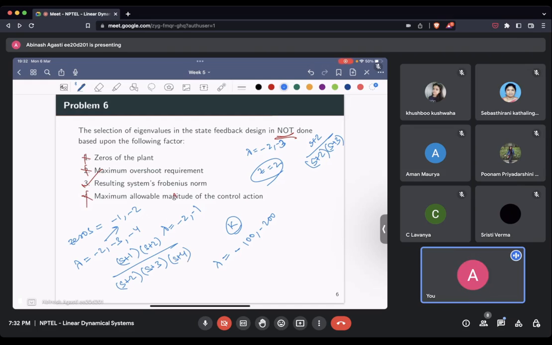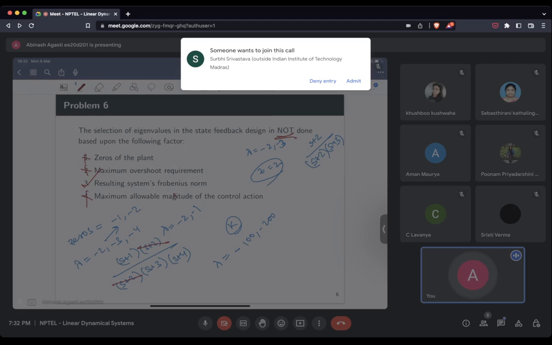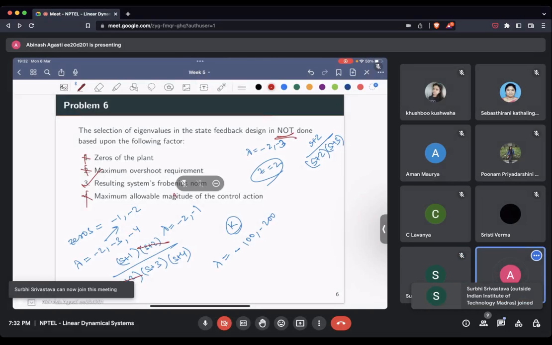If you take such a situation, then you see that this s+2 and s+2 get cancelled from the numerator and the denominator, right? So what does that mean? I do not get the desired property of lambda equal to -2, even though that is what I wanted, because this pole gets cancelled with the existing zero.